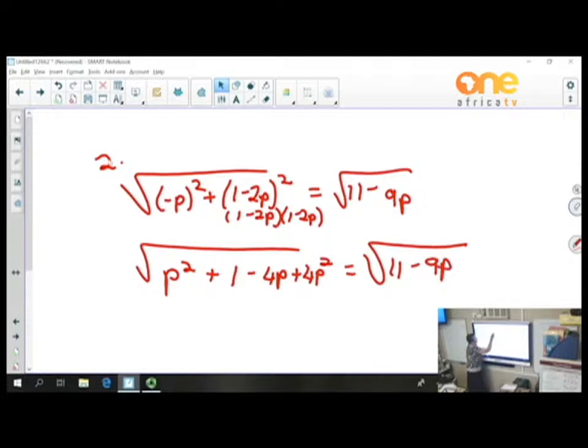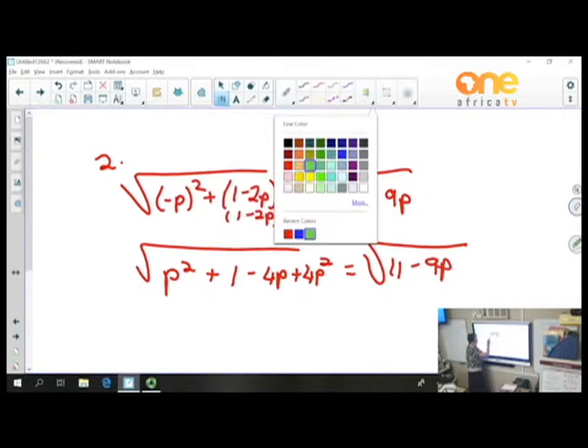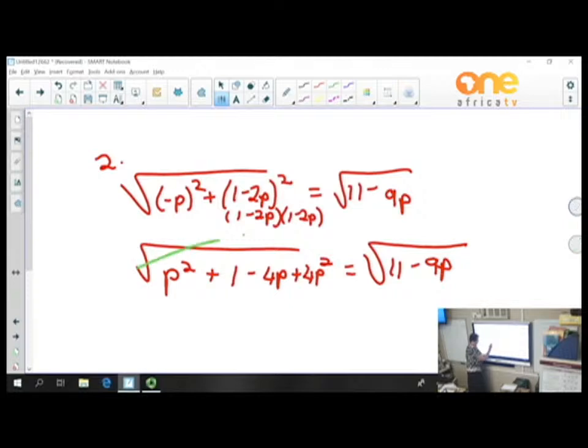Now in a case like this, we can eliminate the roots here, so this can fall away because it's on both sides. You square it or you get rid of it. So now here I will add my like terms and I will have 5p squared. So this is then 5p squared, negative 4p plus 9 will then be plus 5p, and plus 1.